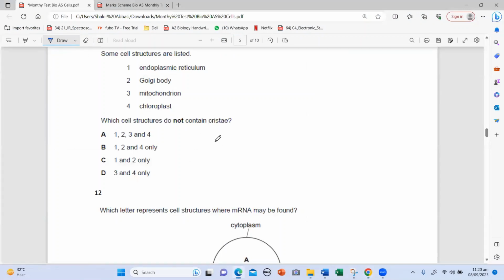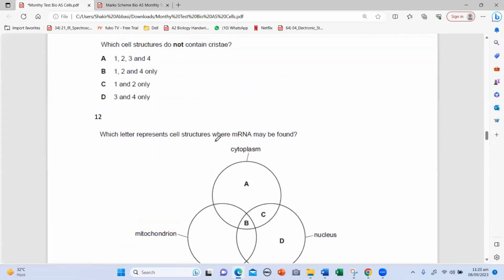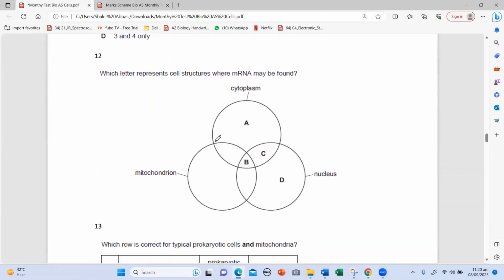So we are back. Question 12 is a very easy question. Which letter represents cell structures that contain mRNA? I mean, where mRNA could be found? So where could mRNA be found? The answer is beta, because cytoplasm has mRNA, nucleus has mRNA and mitochondria has mRNA.